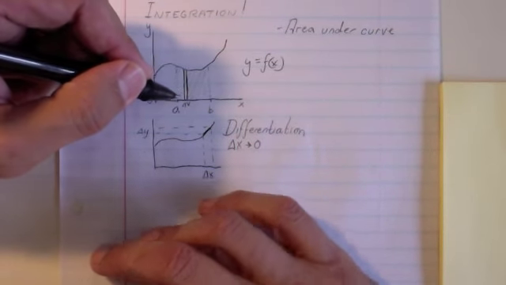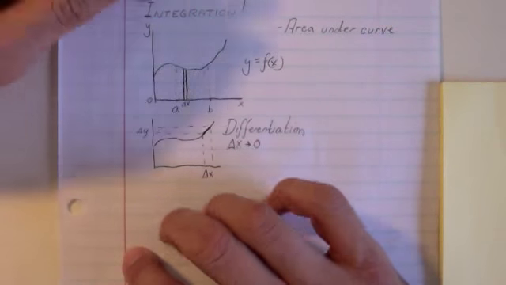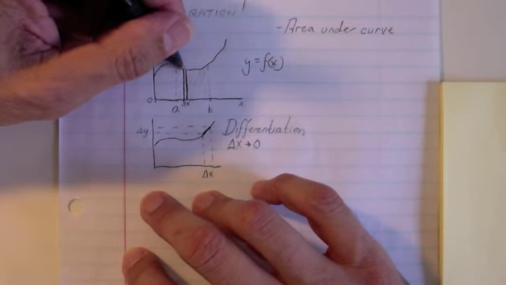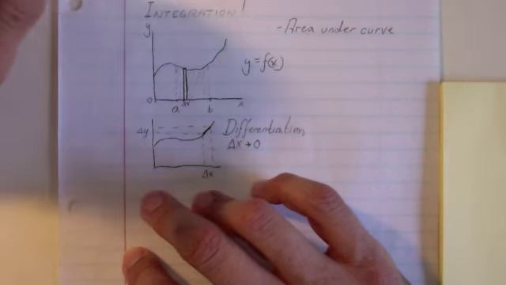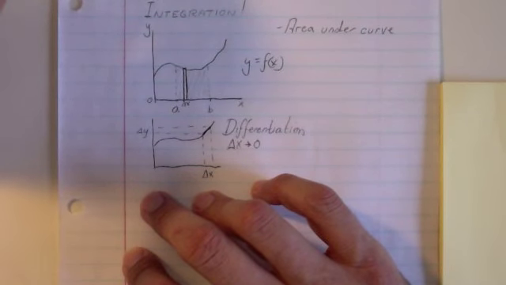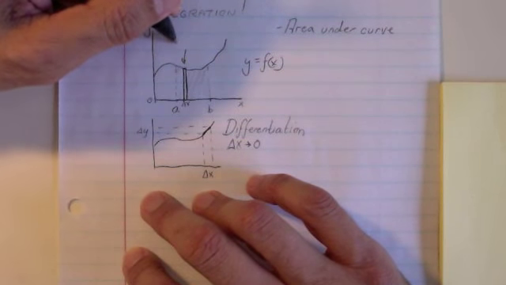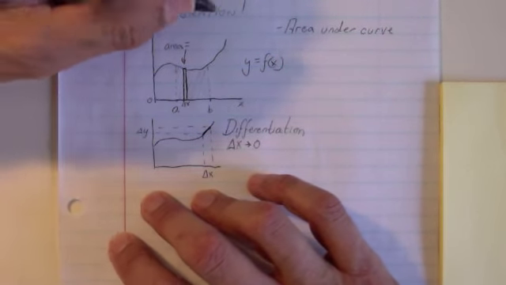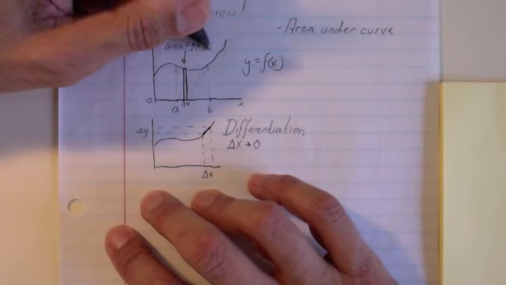If I could make a whole lot of different slices of width delta x, and let's just take that point right there, you can see it's going to be a rectangle. It's not going to follow the curve perfectly. There's going to be a little bit of error right there. But the area of that little slice is going to be f of x times delta x.